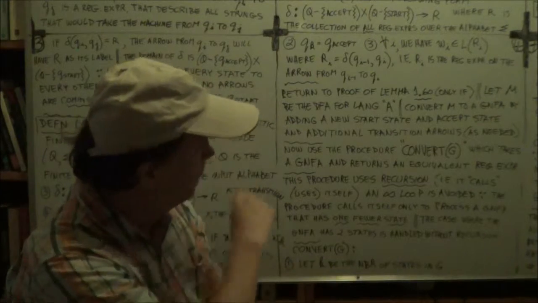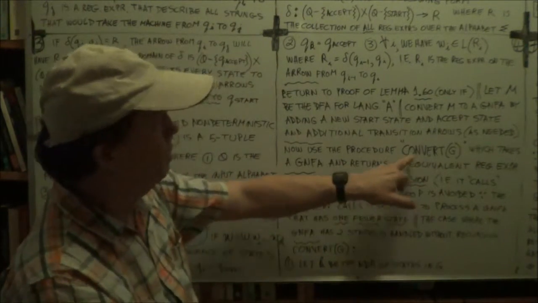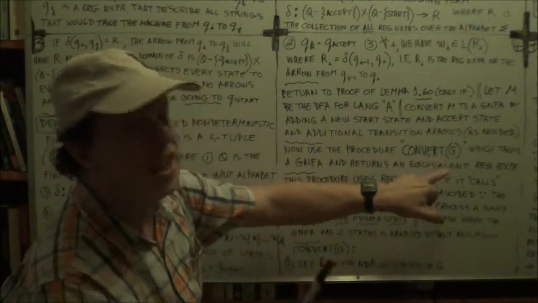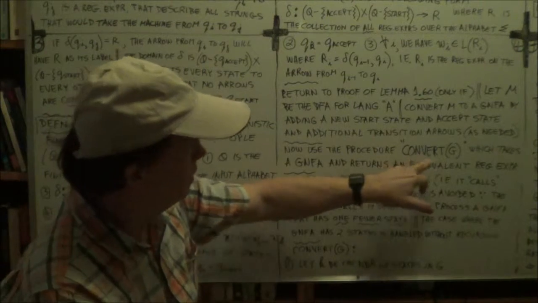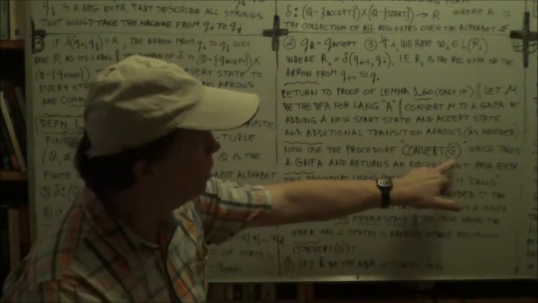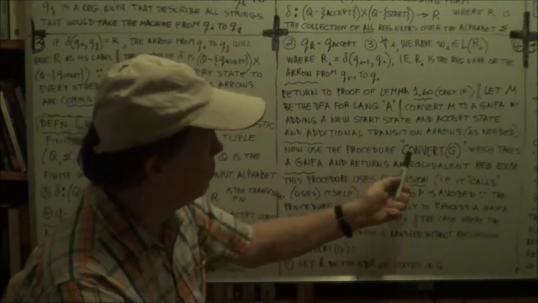Okay. Now, this procedure has a label. You can guess what it's going to do. The name of this procedure is just convert. And this procedure takes as input G, so big G. So you can guess what this procedure is doing.